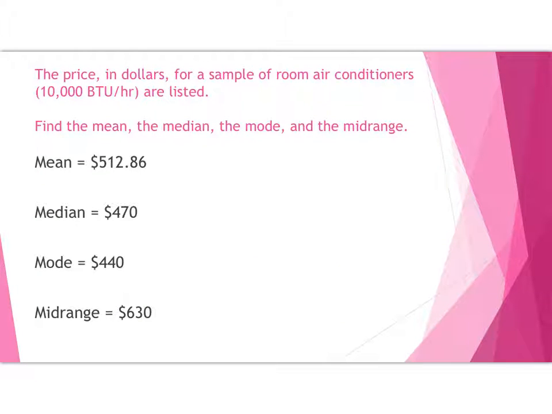So if I actually find mean, median, mode, and mid-range for the numbers that I had listed for your sample, those are the answers. Now, you could have done that by hand, but we would put our data in L1 of the calculator, do stat, go over to calc.